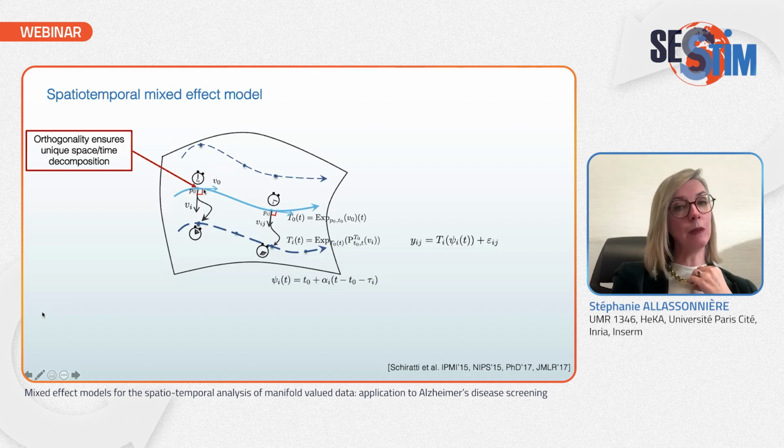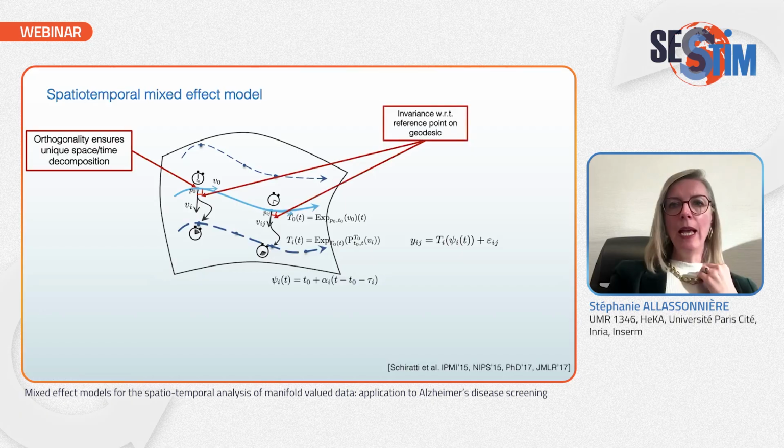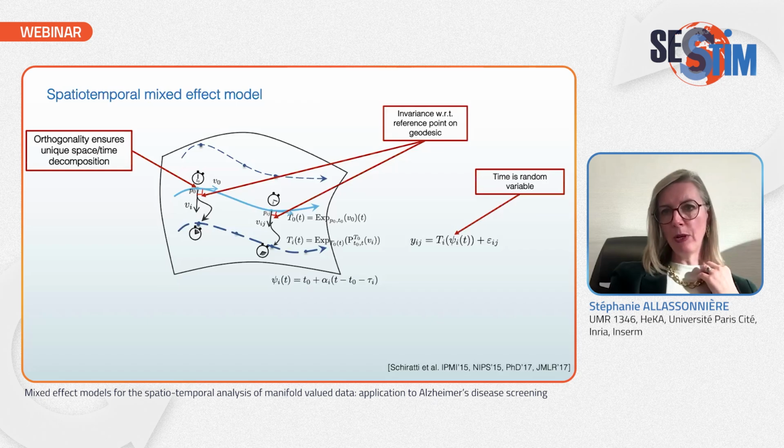And this is interesting because this geometric constraint also enables the statistical property of the model to be consistent. So this is invariant with respect to the geodesic. You have a time random variable now. So the age of the person is not something that is a hard value.